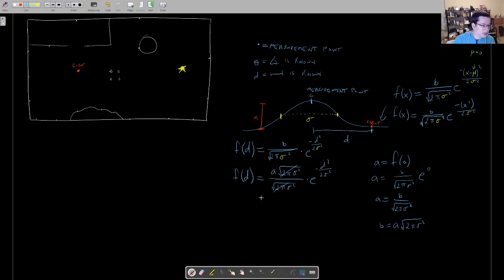That cancels with that, and you're left with... is this correct? Yes. You're left with A e to the negative d squared over 2 sigma squared, which is mighty fine.